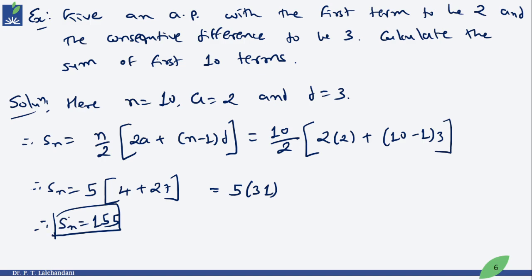So this is the sum of first 10 terms of an arithmetic progression with the first term 2 and the consecutive difference 3. Right? So these two were very simple examples of arithmetic progression. Let us see one more example.